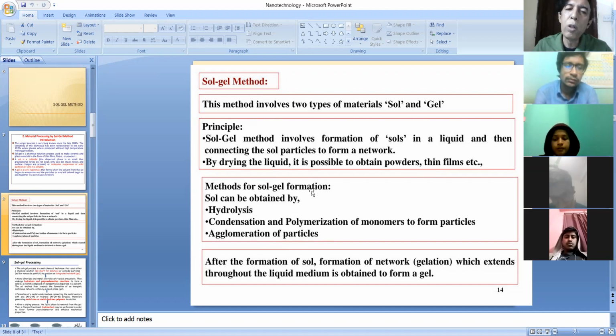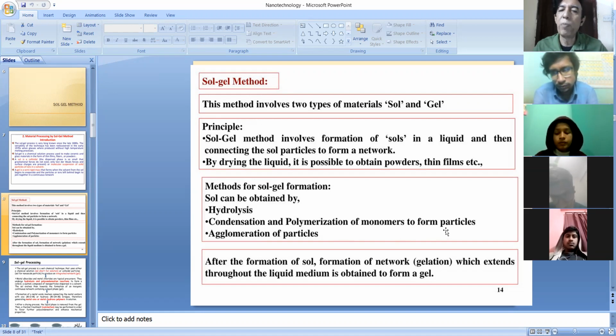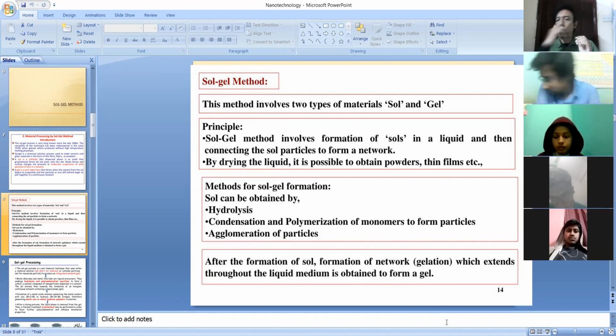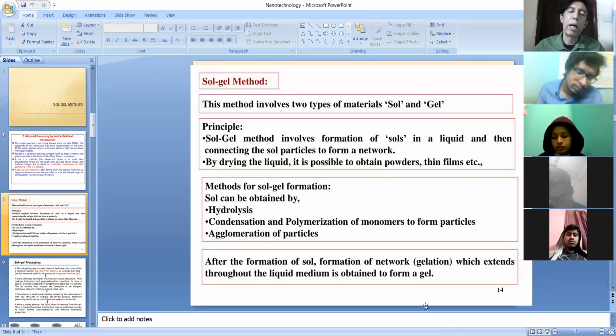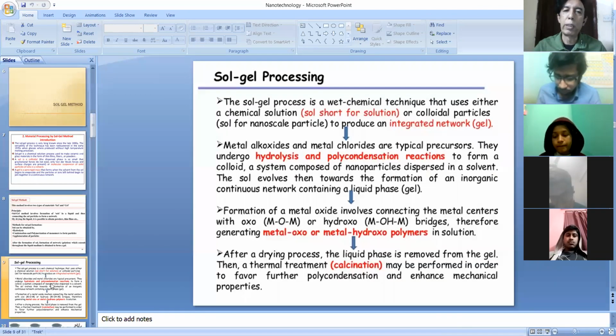So how can a sol or gel be formed? Sol can be formed by hydrolysis and condensation and polymerization of monomers to form particles and agglomeration of particles. After the formation of sol, the formation of the network, that means gel, occurs. We will see how it is formed, and we will see the process again.